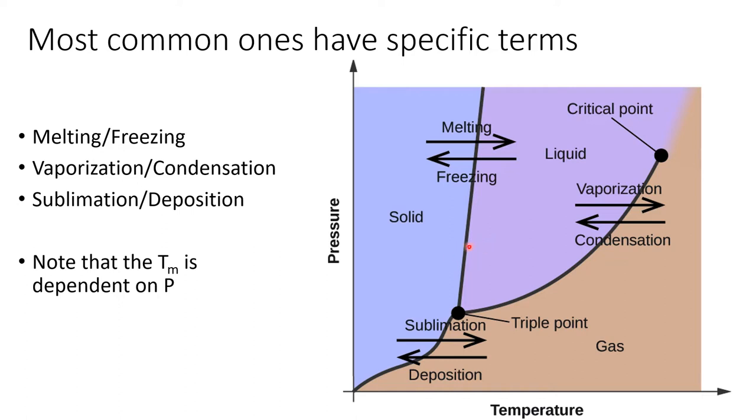Okay, so those lines are called phase boundaries. So there's a phase boundary here between solid and liquid. And they're like a line on a graph with temperature plotted on the x-axis and pressure plotted on the y-axis.